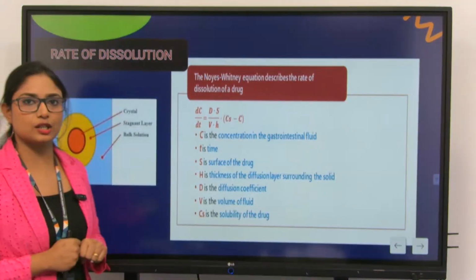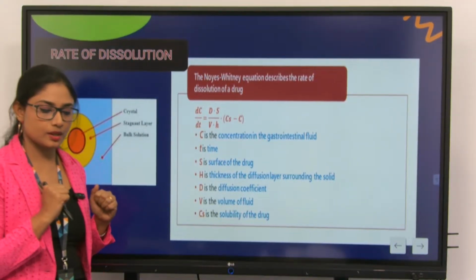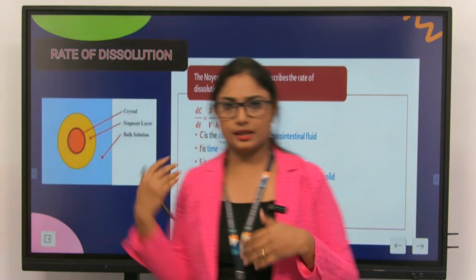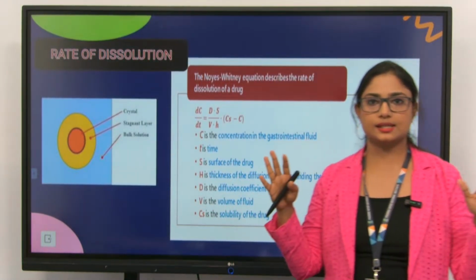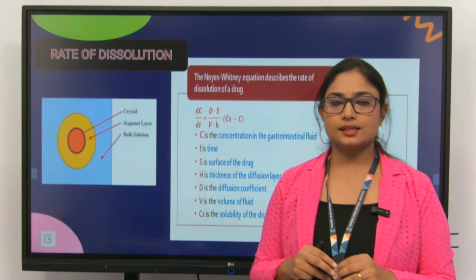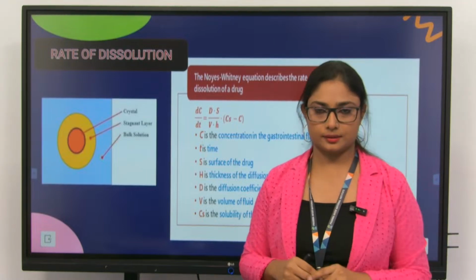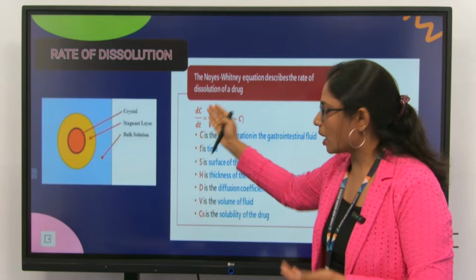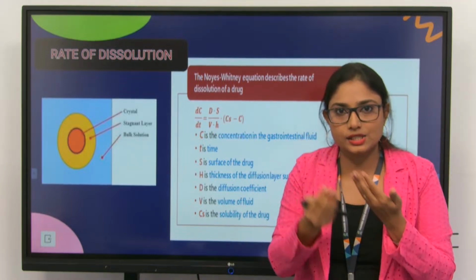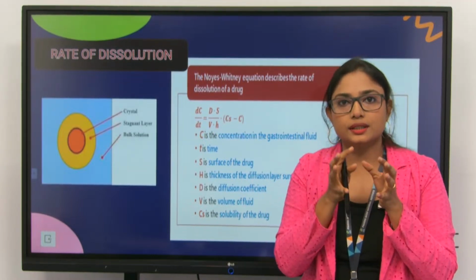Next, the rate of dissolution. What is this rate? Any process, it can be dissolution, disintegration, diffusion, whatever it is, a rate means a time will be mentioned there. That means a rate of dissolution means how much amount of drug is getting dissolved in a particular time.